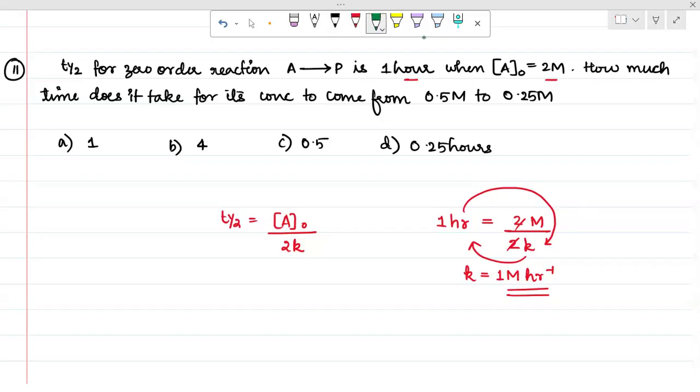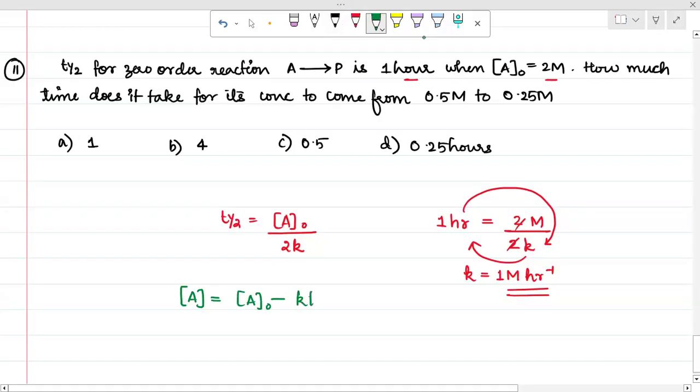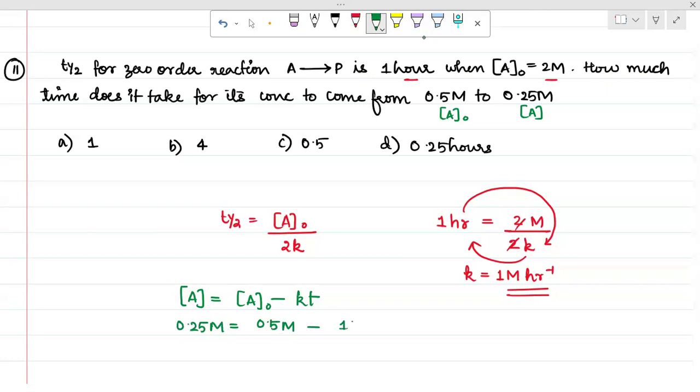Now, what is the next question? How much time does it take for its concentration to come from 0.5 to 0.25? Very easy. So we know that the rate equation is A is equal to A naught minus KT. Correct? So they have asked when it starts from 0.5 and ending at 0.25. So final concentration is 0.25 molar. Initial concentration is 0.5 molar minus rate constant, 1 molar per hour, into time.